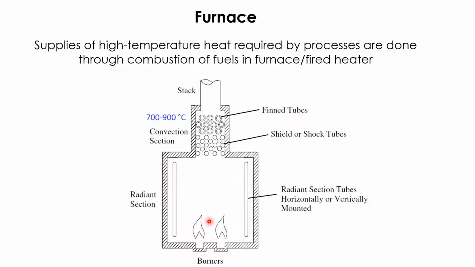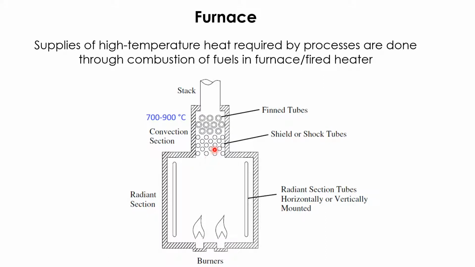Normally, if we want to recover heat from the furnace, the tubes can be placed around the combustion chamber. So most of the combustion happens in this section, in the chamber, and after that the flue gases, the products from combustion, flow through the convection section, where further recovery of heat can be obtained.